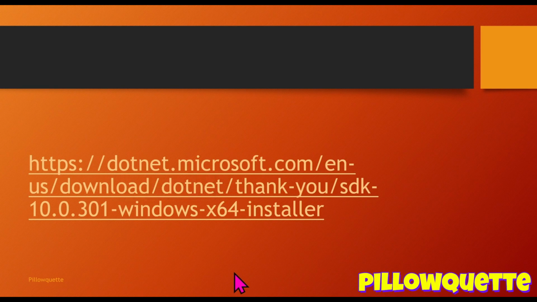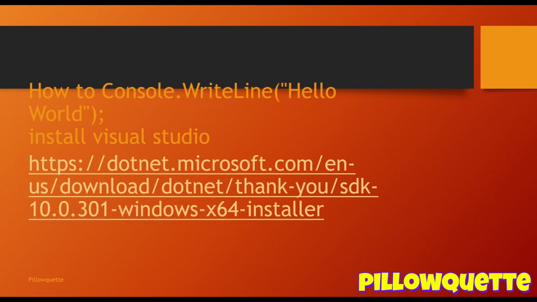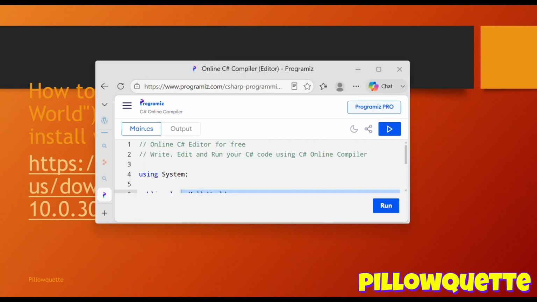If you check the link in the description in the comment section, once you click on it, it's going to automatically start downloading. Bear with me one moment, I'm just going to show you that right now.